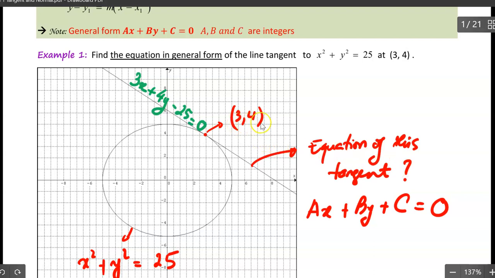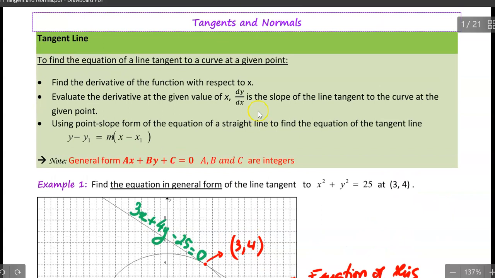Basically, in this application you are going to find the equation of a tangent line to a curve at a given point, and because that point is given to us in terms of x and y, you can use that value to find the actual equation of this tangent line.